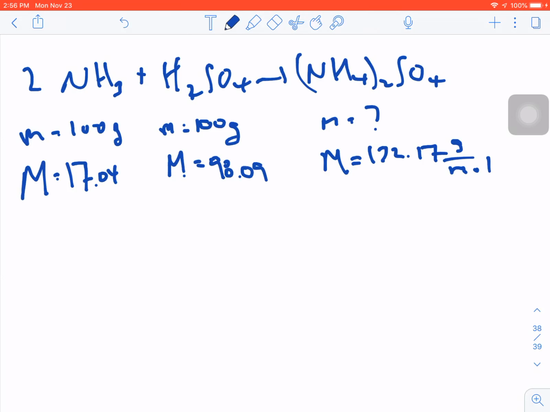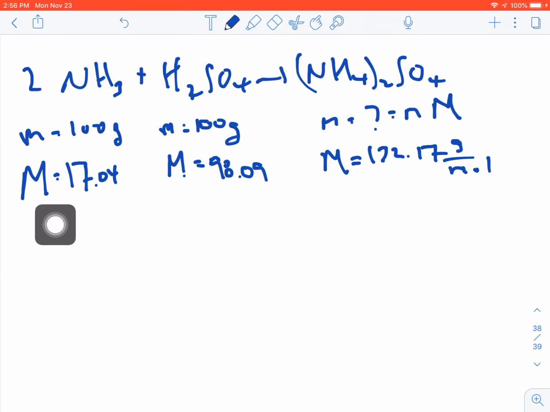Okay, let me just double check that H2SO4. Yeah, 98.09. Okay, so I'm going to start the same way I always do. So again, remember to solve for the mass over here, I need to know the number of moles and the molar mass. Well, I know the molar mass, so I need to find little n down here.